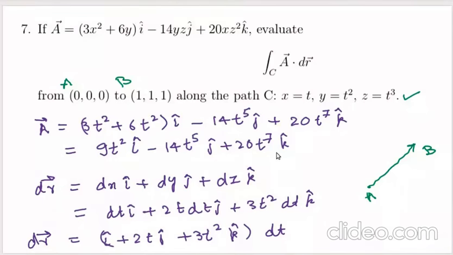Similarly, the dr vector is given by dx i cap plus dy j cap plus dz k cap. You can find this dr vector in terms of dt: dx will be dt, dy will be 2t dt, and dz will be 3t squared dt.